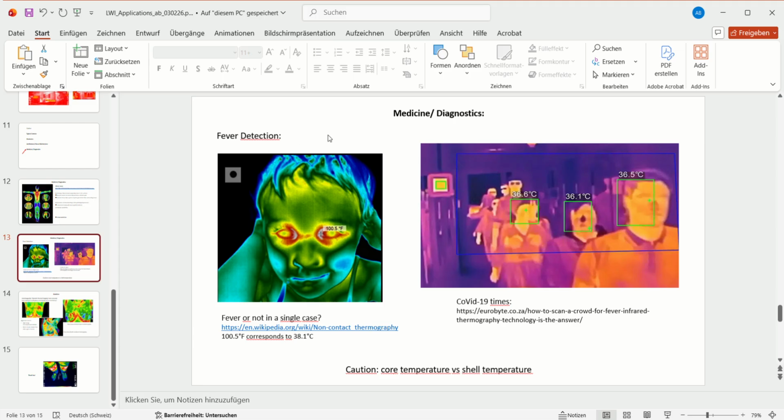As for this kid, it's a critical case because the temperature around the eyes is 100.5 Fahrenheit, which is 38.1 Celsius, which would be fever for an adult, but for a kid it's still okay to have 38.1 degrees, I think.